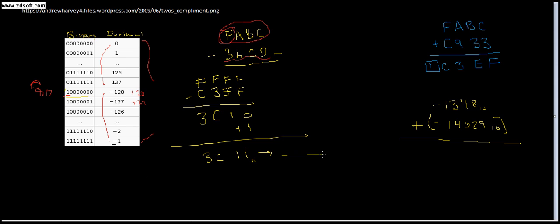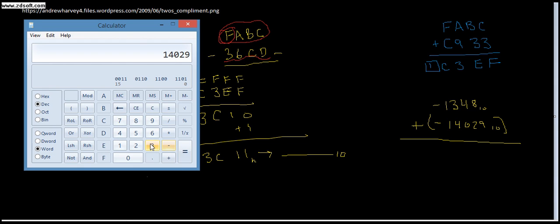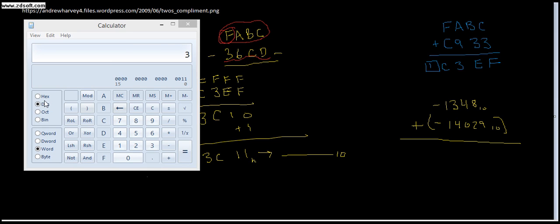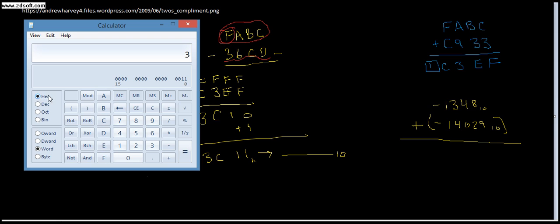What is it in decimal? So we get a calculator, 3, and then we have a C, it'll type it, 3, okay, apparently it won't type it. Let me first put the calculator in hex, clear everything. Alright, 3C11, and then convert that to decimal for me, 15377.